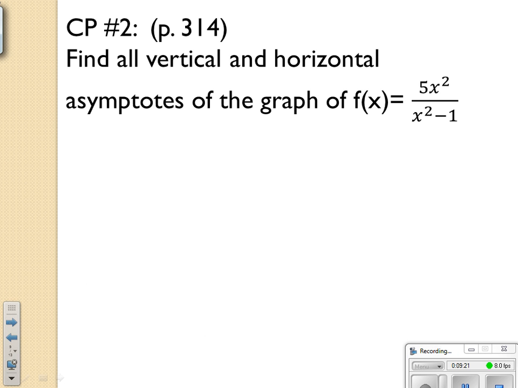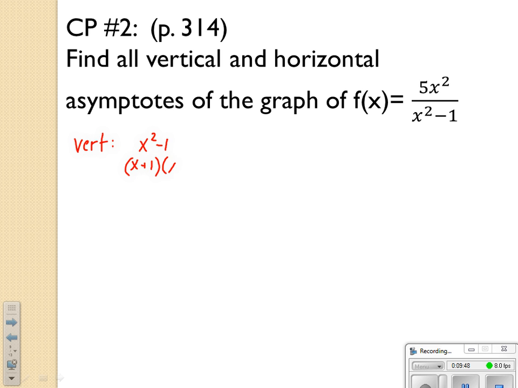So let's practice this. Find all vertical and horizontal asymptotes of the graph of f of x equals 5x squared over x squared minus 1. Looking for vertical first. Remember, vertical asymptotes are tied to the denominator and figuring out our domain. So right now I'm seeing x squared minus 1 in my denominator. I need my zeros for that, so I'm going to factor.